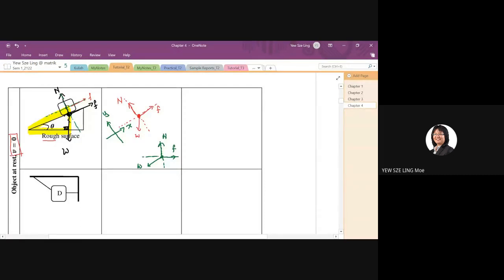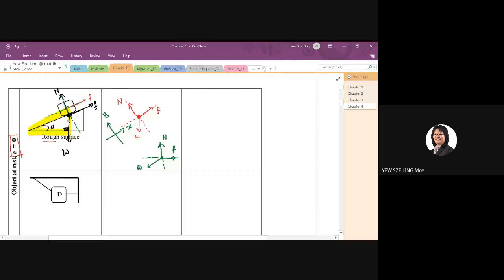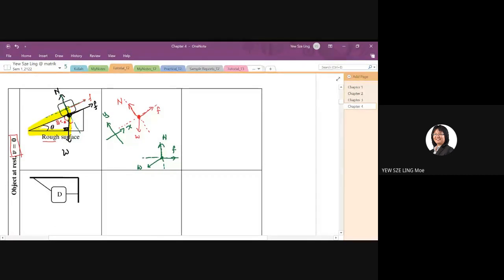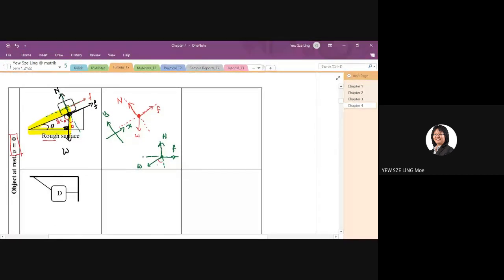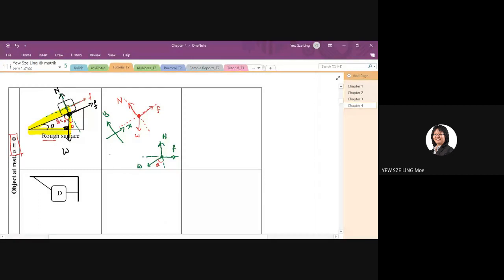Given the inclined surface, inclined at angle theta above the horizontal line, the angle beside the x-axis is 90 minus theta. So the angle beside the y-axis would then become theta. My theta should be here. I made a mistake just now. So this is theta. The inclined surface gives you a theta, and this theta is located beside the y-axis in our diagram.